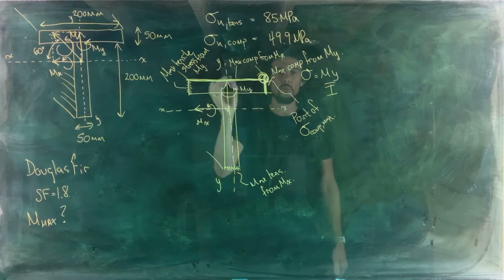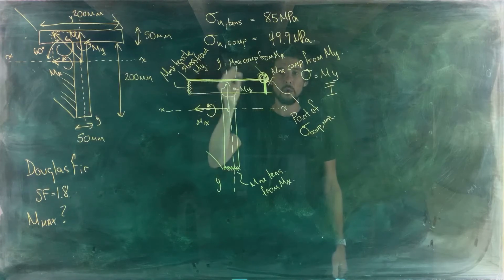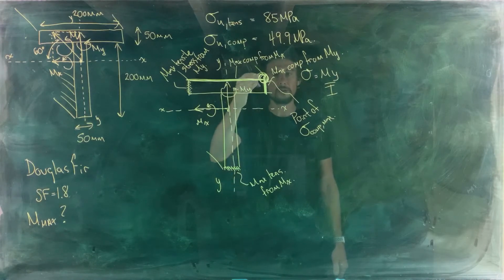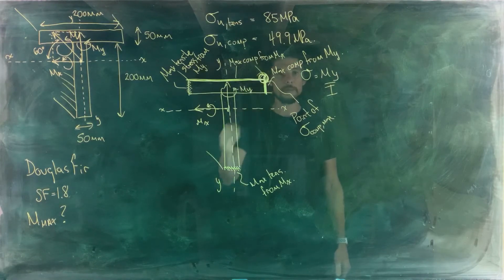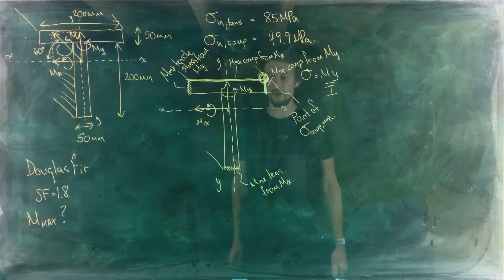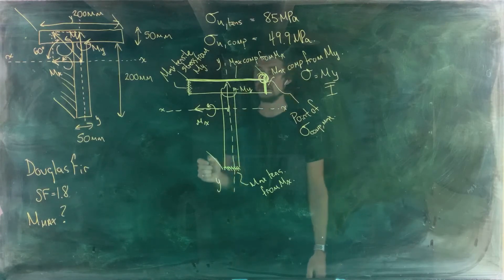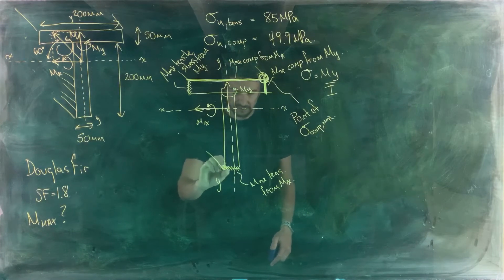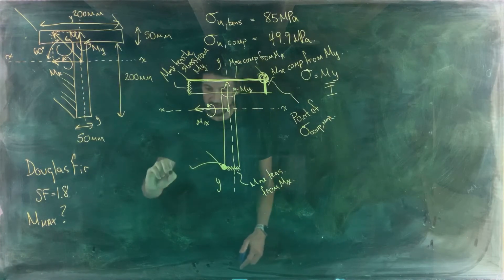Once you've figured out where one of the maximum tensile or compressive stresses are, the other maximum is in the opposite diagonal corner of the cross section. Right, so the maximum tensile stress is going to be down here.